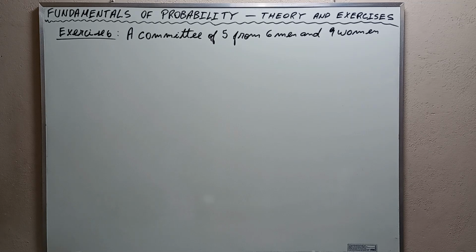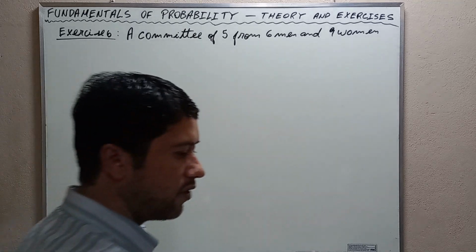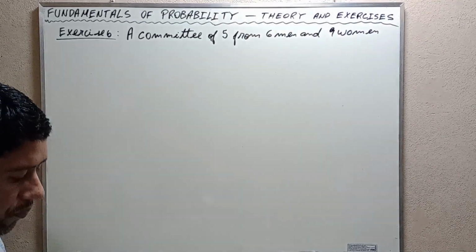We are estimating the probability that this event will occur. So our objective is to calculate the probability that the committee will have 3 men and 2 women. Okay, my friends, this is the exercise.